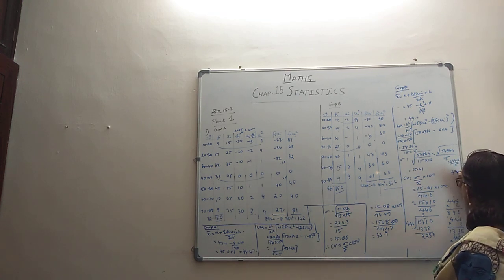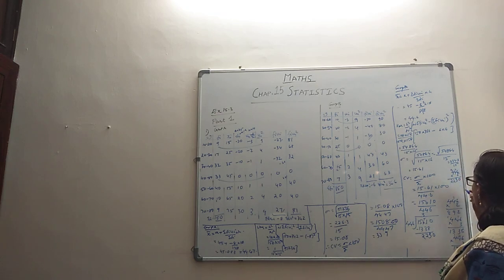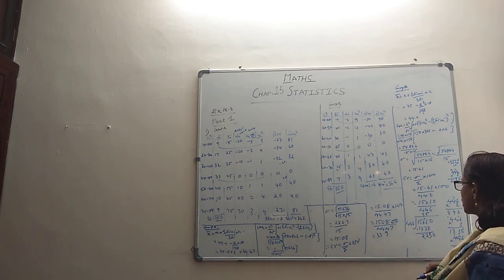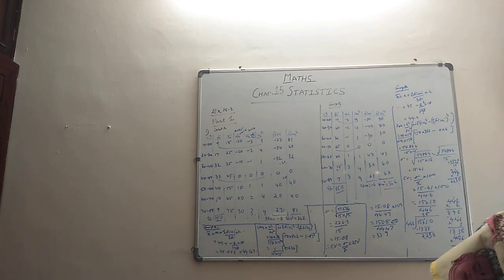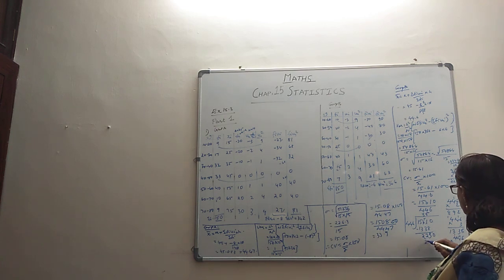446, how many times? Almost maybe 5 or 6 times. 6 5s are 30, 23, 22. Oh, correctly. Yes, it is coming to 35, 2230.